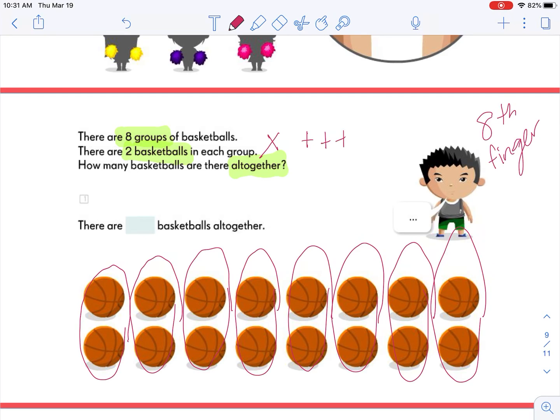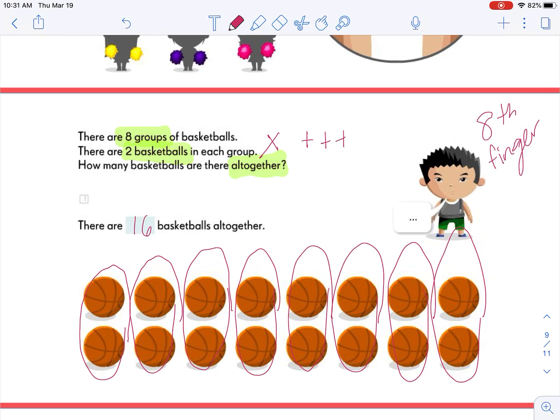Okay, we're going to put our fingers up, starting with our left pinky finger. Ready, set, go. 2, 4, 6, 8, 10, 12, 14, 16. I just put my 8th finger up, so I know that there are 16 basketballs all together.